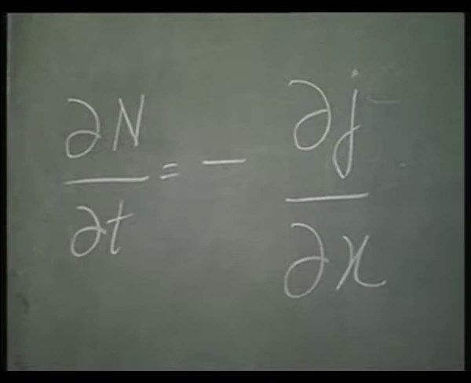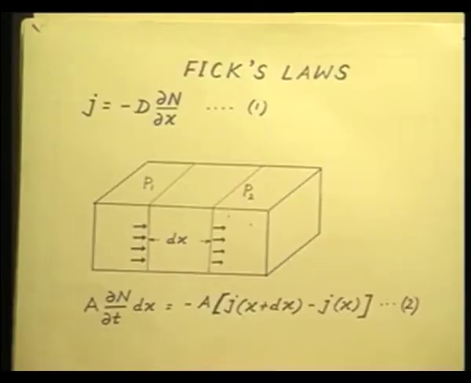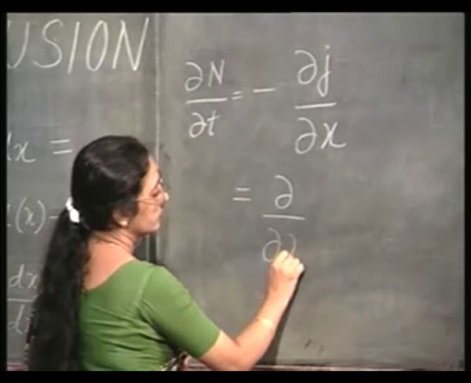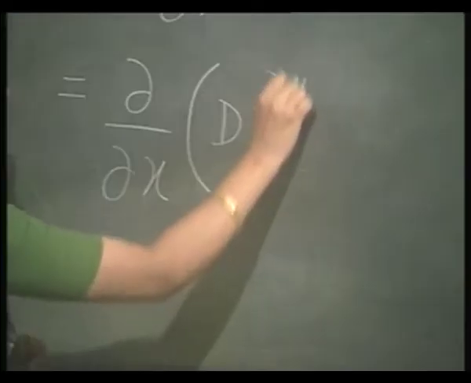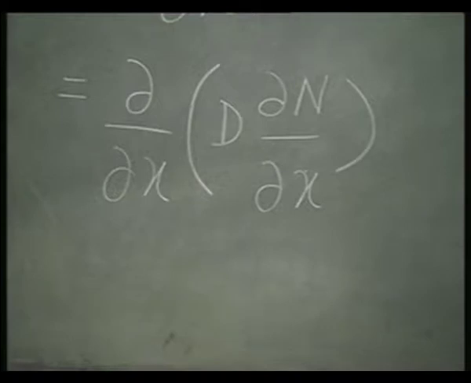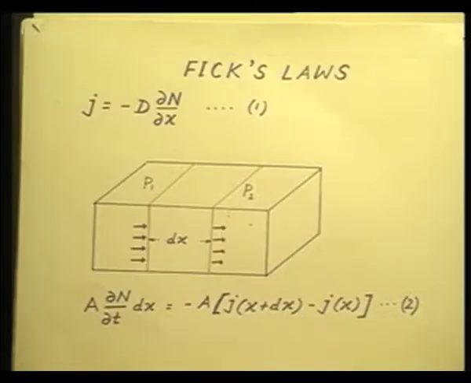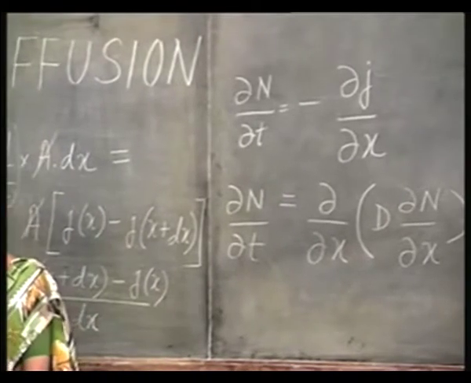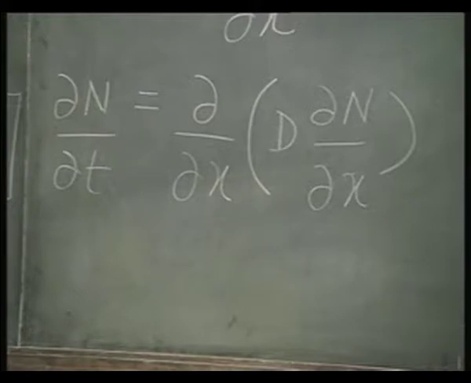Now, from the first law of Fick's, if I substitute for this j, then I can write that del n del t is equal to del del x of d del n del x.